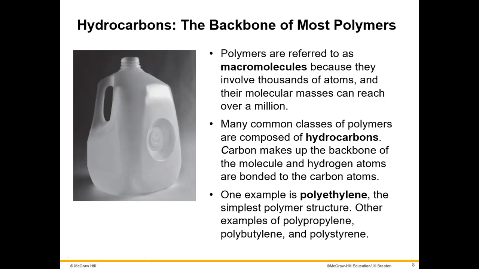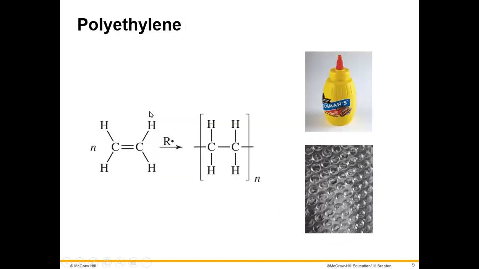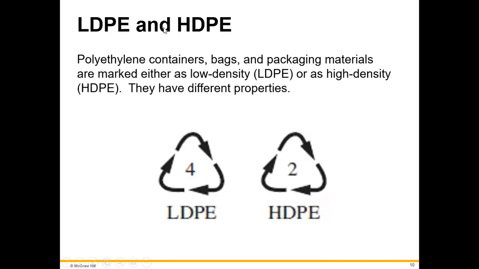And synthetic polymers are polymers that are lab created, such as this plastic. So polyethylene, the monomer is this molecule right here, two carbons bonded to each other, and each carbon has two hydrogens. When it polymerizes, it's just carbons and hydrogens repeating over and over again. And that one's called polyethylene.